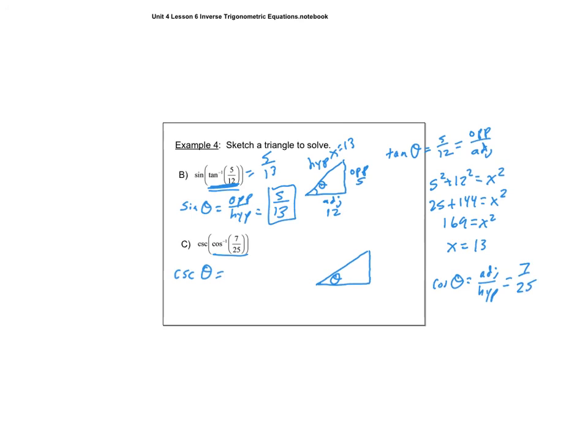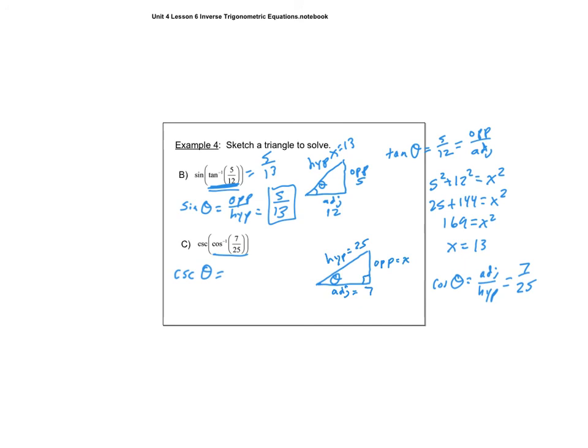So I can put those values on the triangle. Straight across from the angle is my opposite, which I don't have, so I'm going to call that x. This is my hypotenuse, straight across from my 90-degree angle, and so that is 25. And the other side that makes up one of the sides of the 90-degree angle is my adjacent side, and that's 7.